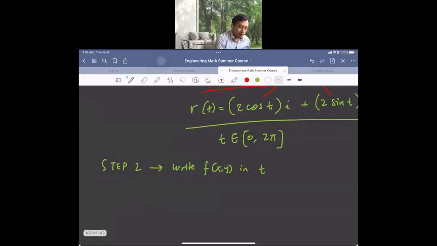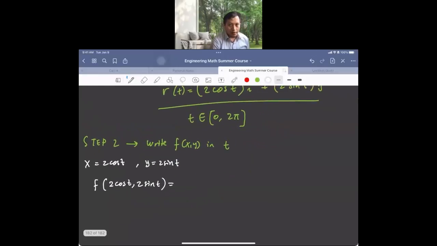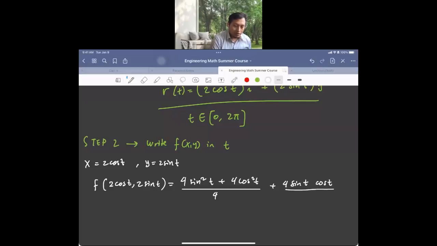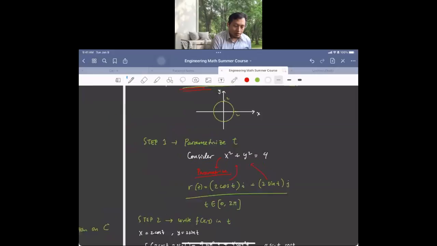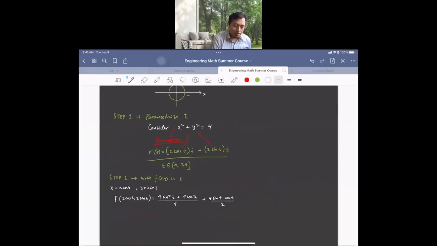Since x is 2 cos t and y is 2 sin t, f will be equal to x squared plus y squared, so 4 sin squared t plus 4 cos squared t, divided by 4, plus 4 sin t cos t, which is xy, over 2.